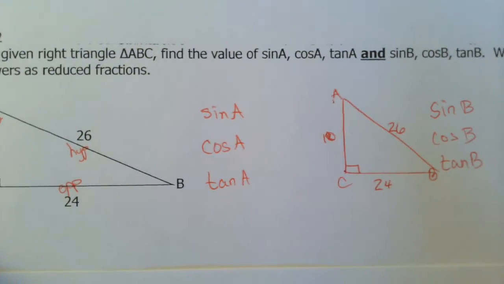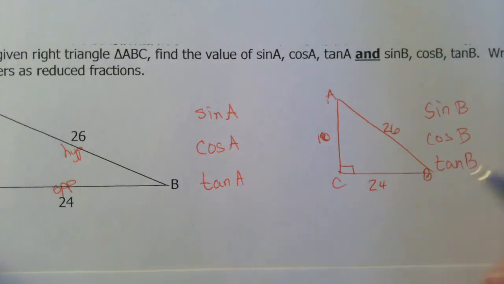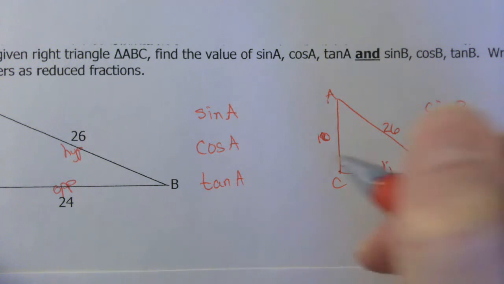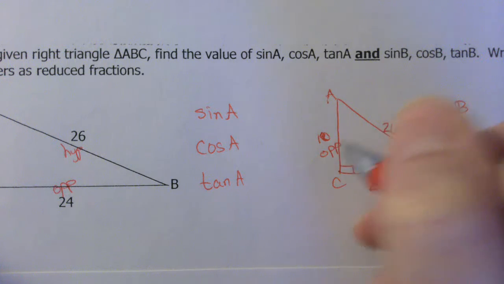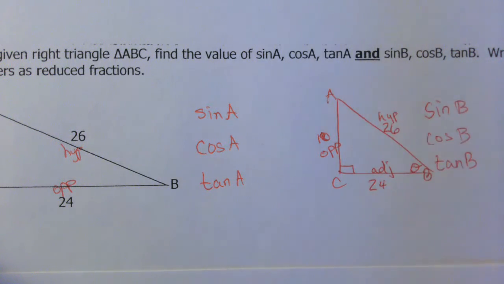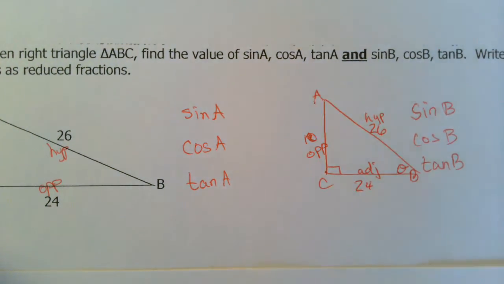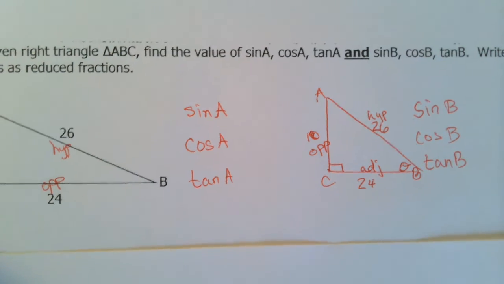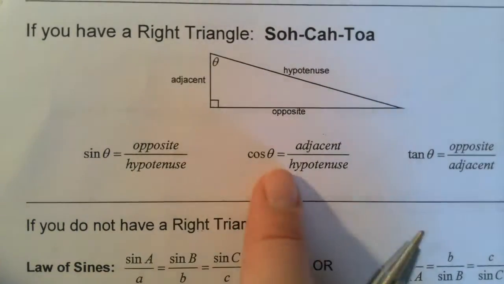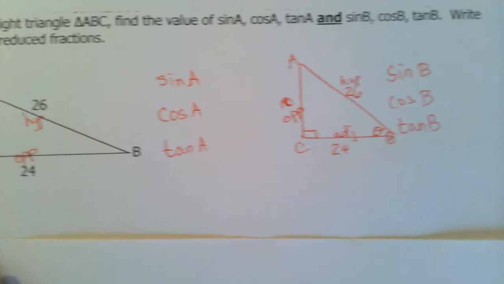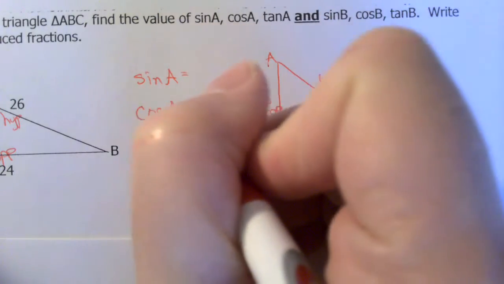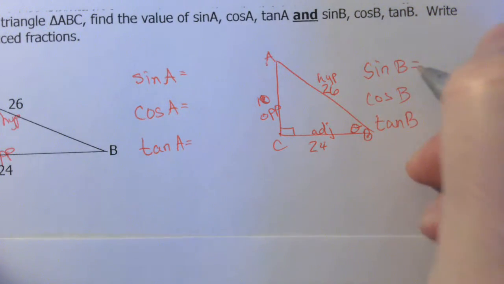Now, if I focus on B, this is my focus. Then this now becomes my adjacent, this is my opposite, and this is my hypotenuse. So it changes how the ratios are. So take a minute, use your sheet to help you with your sine, cosine, and tangent, and fill those ratios in. So you should have 6 fractions here.